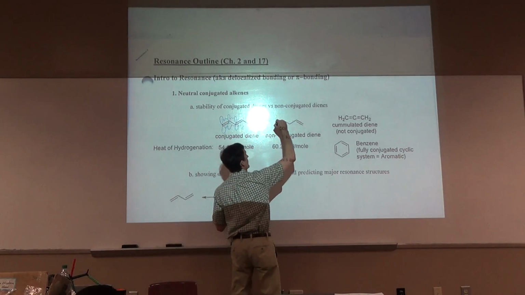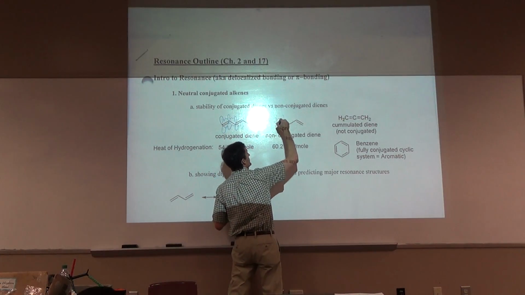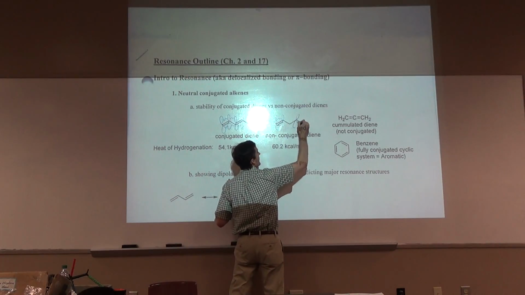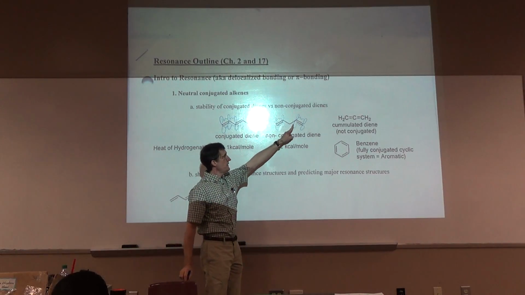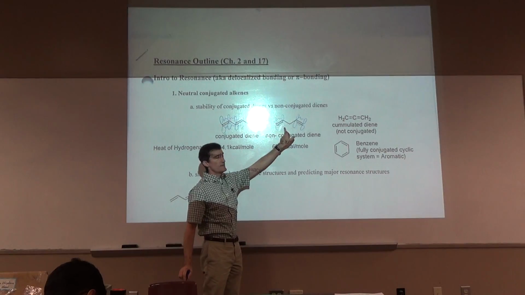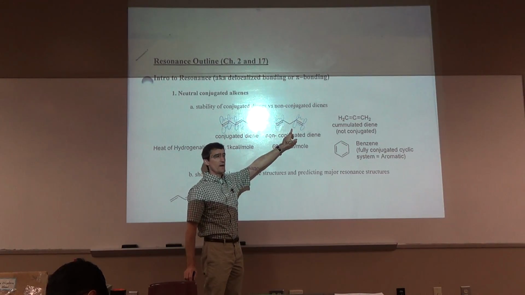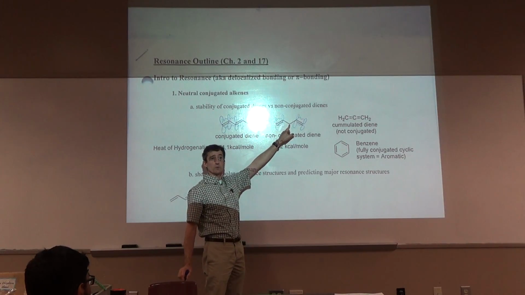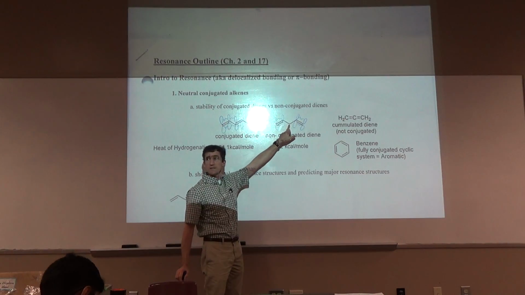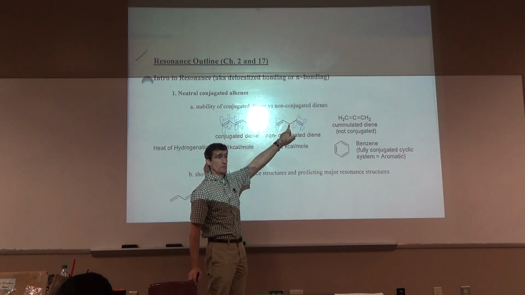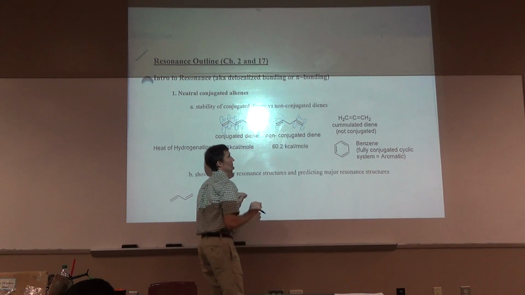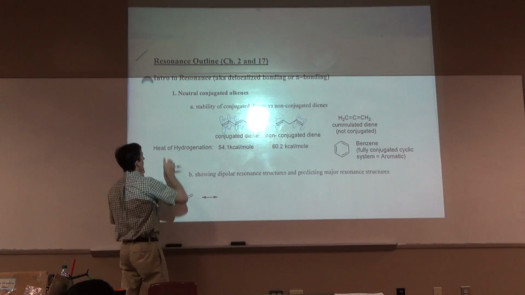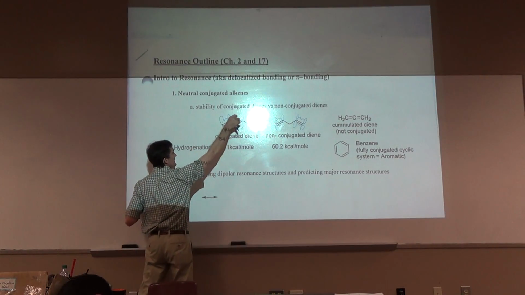Now look over here. Pi bond. Pi bond. But look at here. Are these two p orbitals overlapping any? No, they are not, because in between we do not have a p orbital. The carbon in between is sp3. It does not have a p orbital. So there's no overlap between the two p orbitals. This here is one continuous pi system.